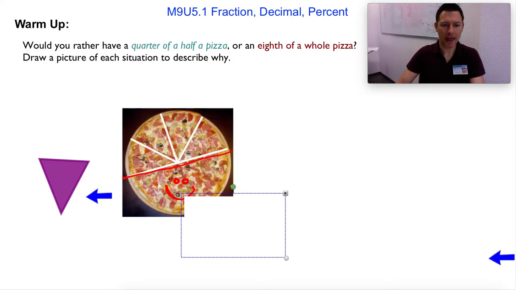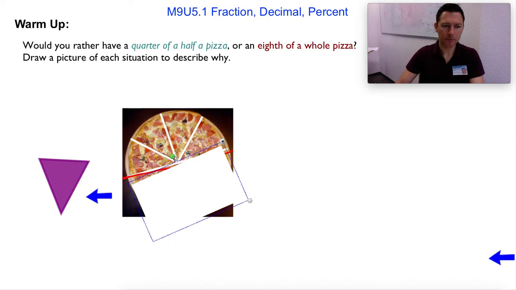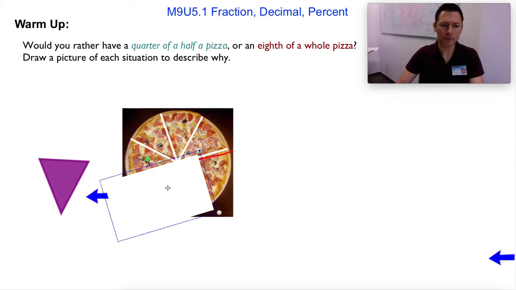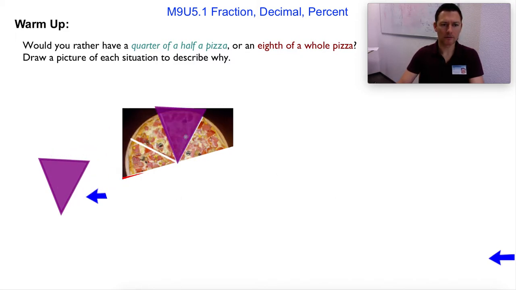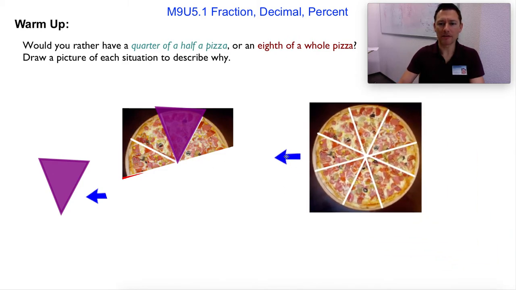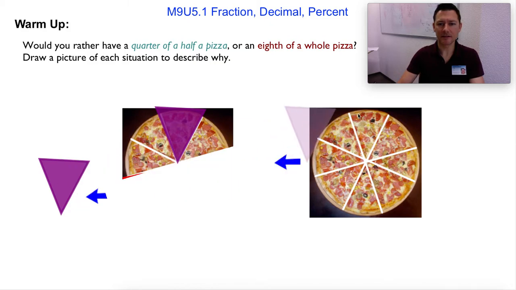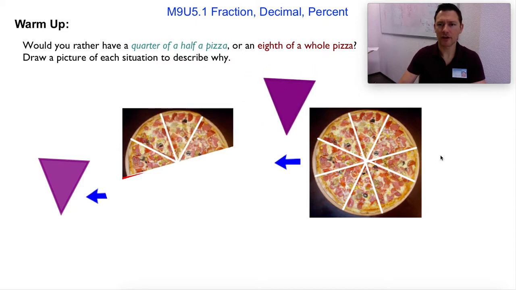So here's a half a pizza, split into quarters. Would you rather have that much? This is a quarter of a half a pizza. Or would you rather take a whole pizza, split it into 8 pieces, and have one slice of that? Well, they're the same.